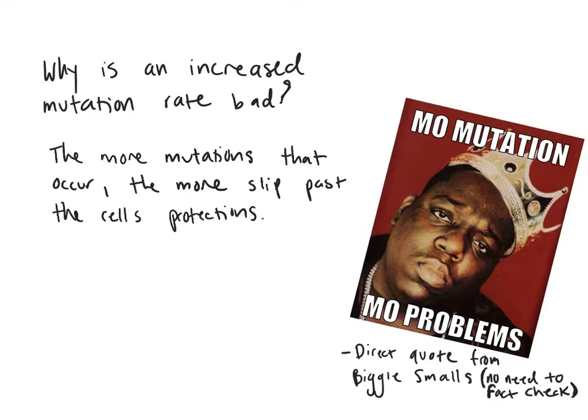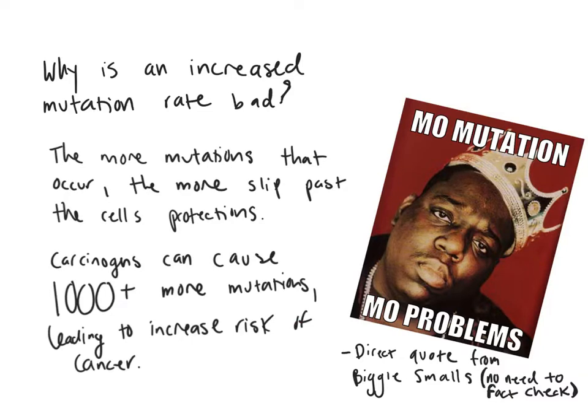And the fact of the matter is that carcinogens cause you to have not just hundreds more mutations, but thousands to millions more mutations than an average person who is not exposed to those carcinogens. They've actually done studies with twins where one person smoked and the other doesn't, just to compare how hard smoking is on your cells and how many more mutations you experience.